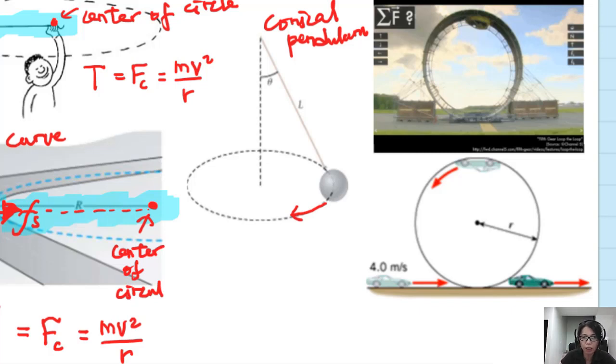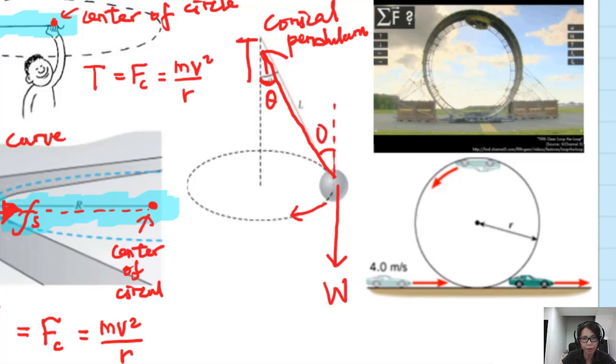For this ball, we have weight downward, and along the string we have tension, and this tension is acting at an angle theta. Using mathematics, the angle theta here is equivalent to here.